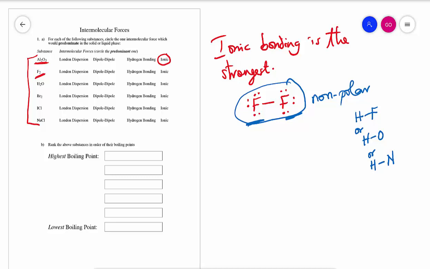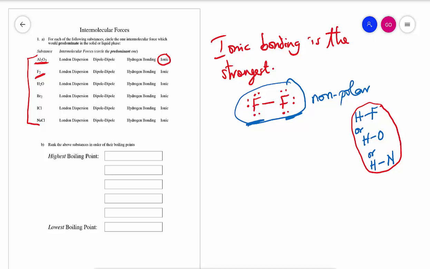And these 3 cases, we do not have any of them in F2. So, it does not have hydrogen bonding. Do we have ionic bonding in F2? No. There is no metal.